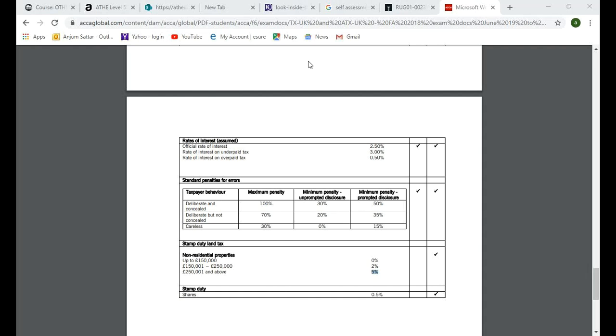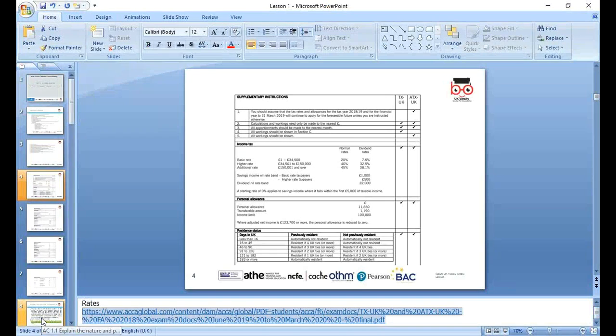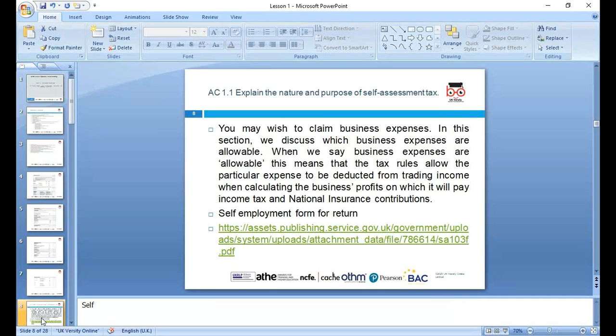Okay, next we move back to our actual question. Our assessment criteria is to explain the nature and the purpose of self-assessment if you wish to claim business expenses. In this section, we will discuss which business expenses are allowed. Self-employed means you are doing business as a sole trader or partnership, you look after your own expenses and pay your tax, but you should keep the records for up to 7 years.